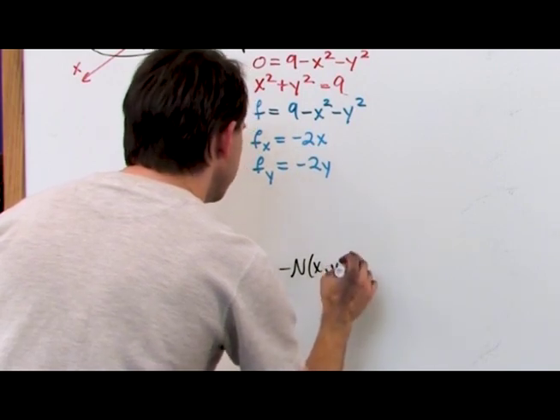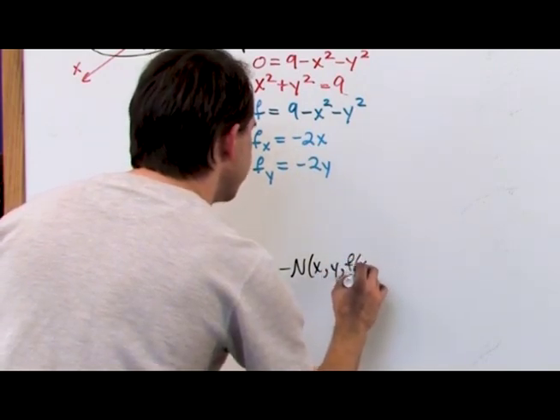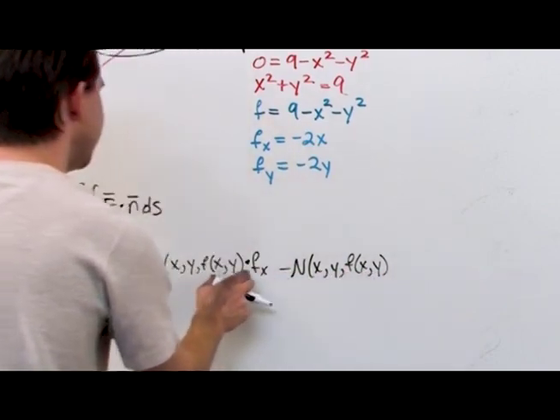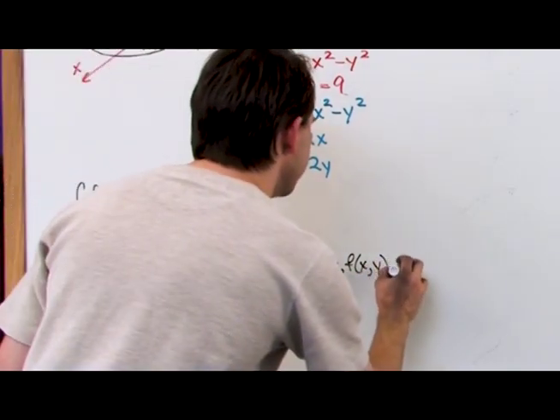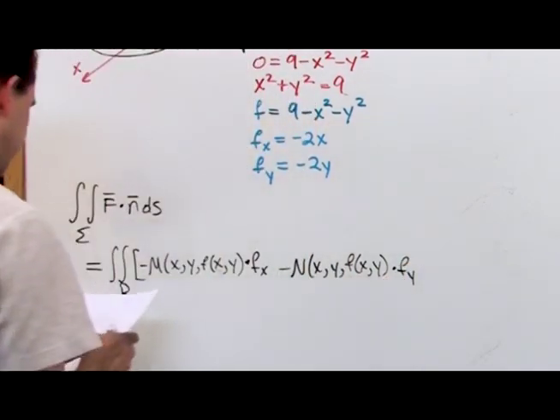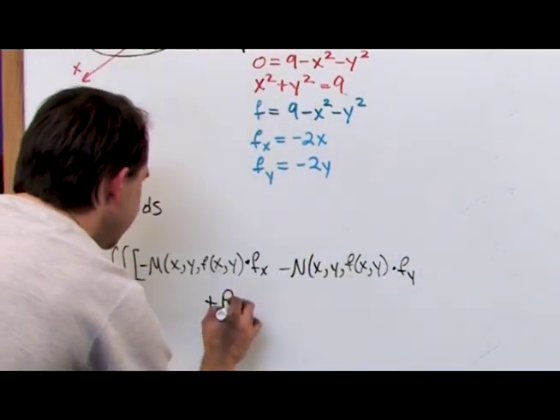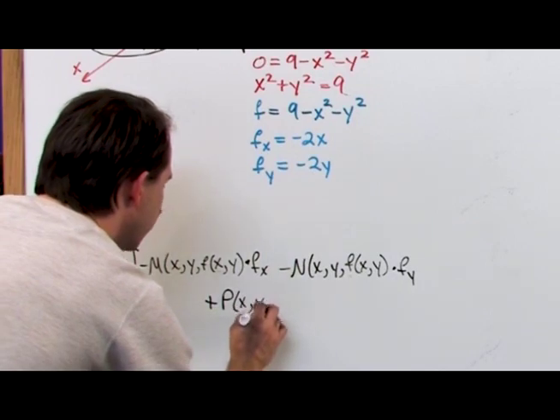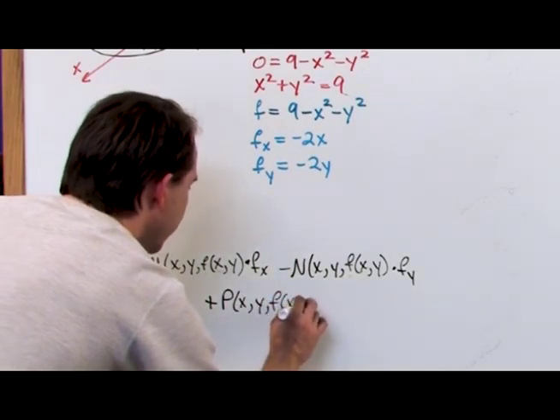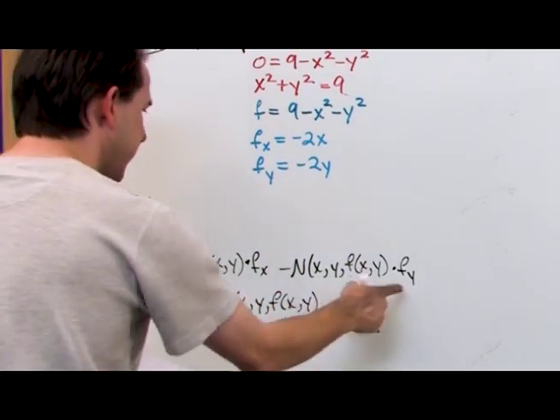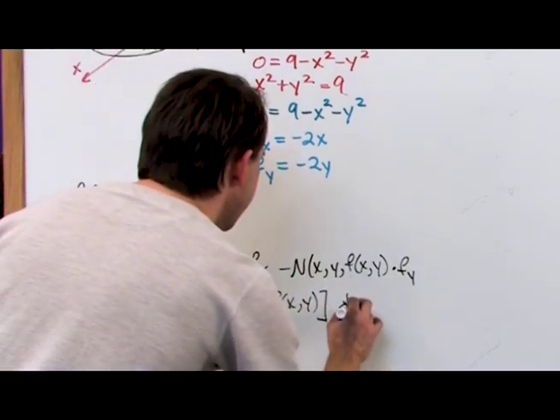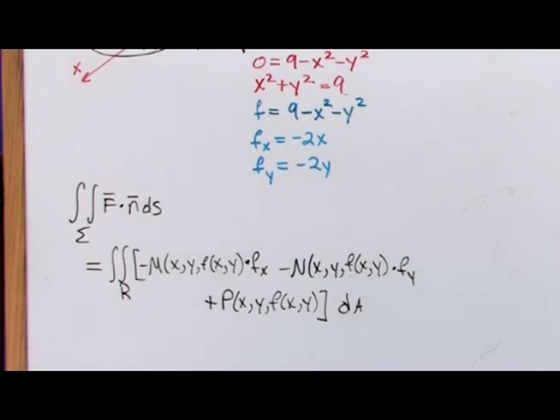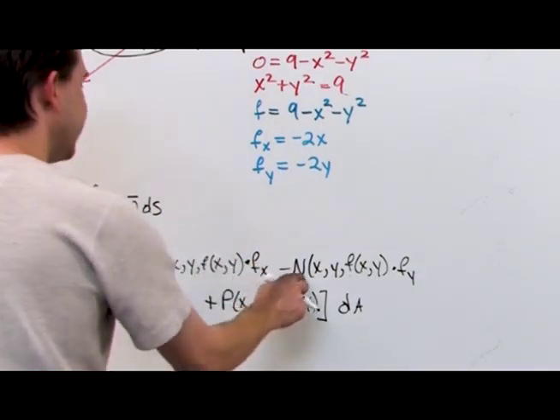I'm making the same goof every time: it's a function of x and y that you plug in here to tell you what surface you're integrating over. That's times f sub y, plus P of x, y, f of x and y. There's nothing multiplied by that if you look back. And you're integrating this over dA.